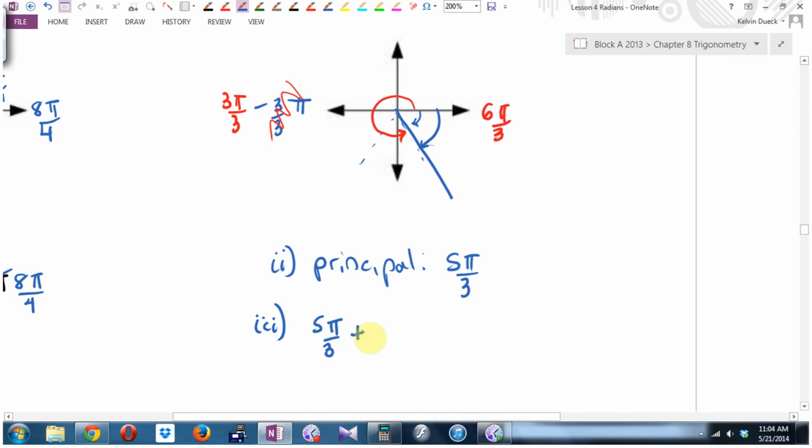Don't write this down. I can go plus 2 pi, but how should I write 2 pi to make this math way easier? Write this down. In your head, what's a coterminal angle? 5 pi by 3 plus 6 pi by 3 in your head, please.